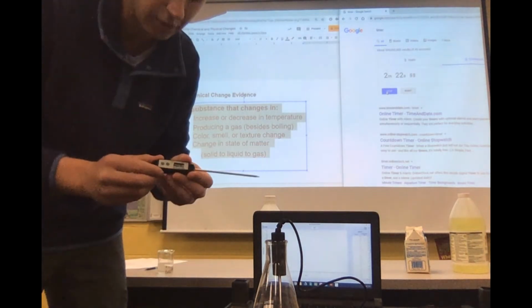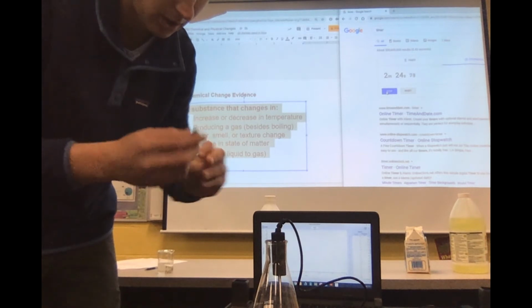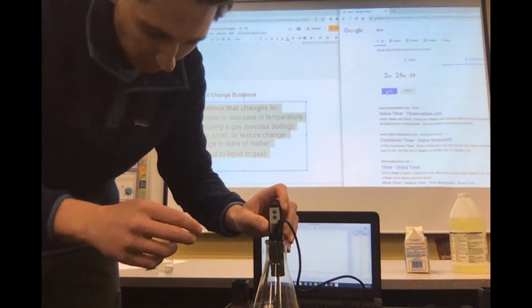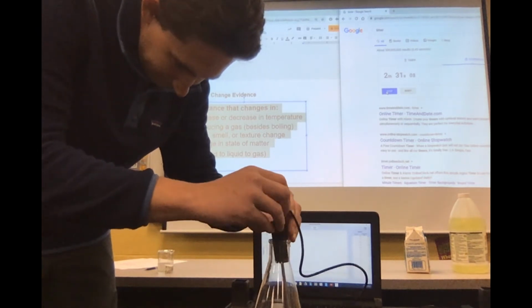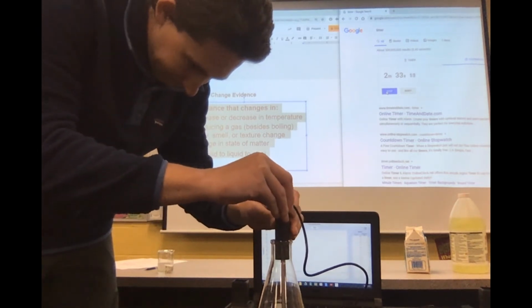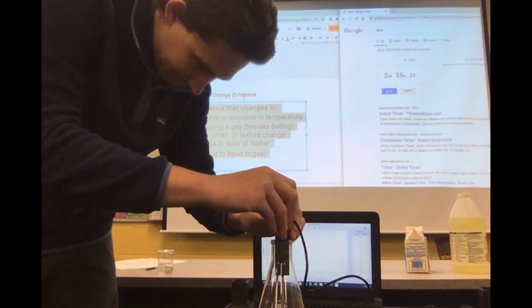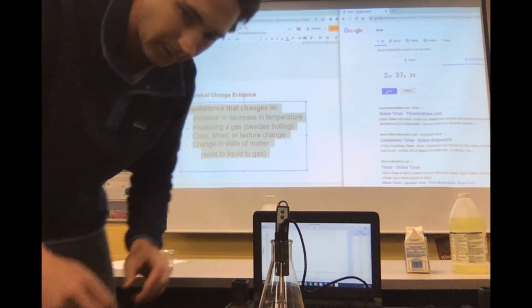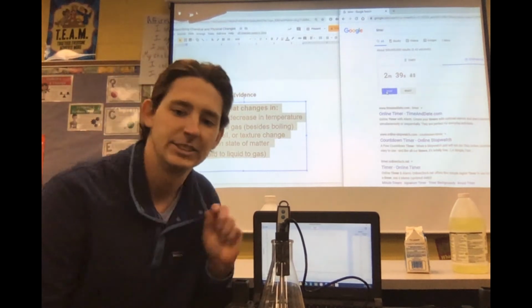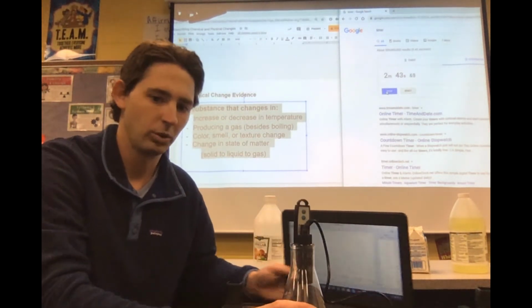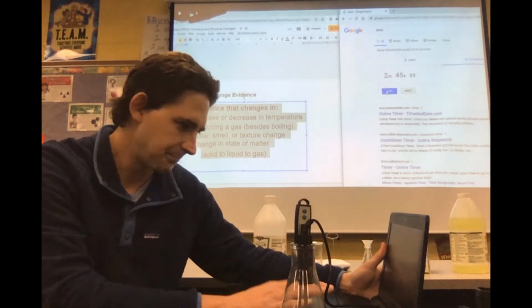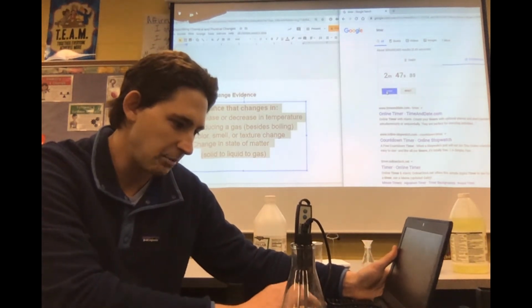I'm also going to use this thermometer so we can record the temperature. The wool is soggy. You can't really see that from my point of view, so I'm just going to explain what's happening right now.